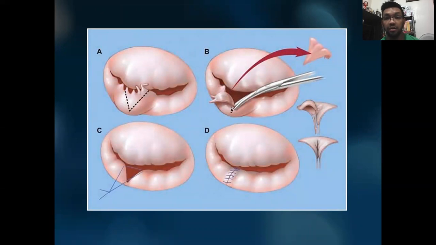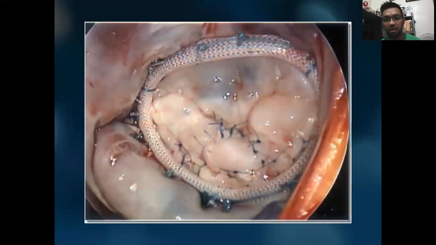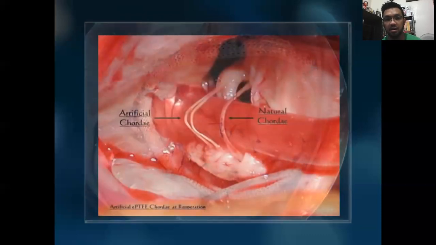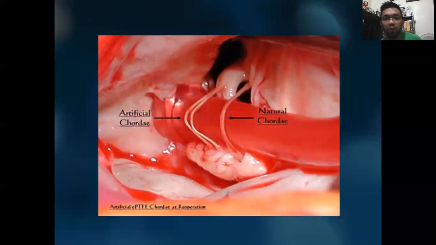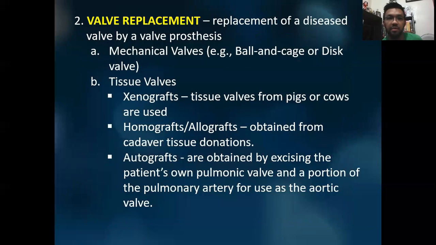Or they do this as well. If there is any prolapse that is happening, they remove that prolapsed portion and repair it. Again, this is an example of annuloplasty. And for the repair of chordae tendineae, they use an artificial chordae for this.